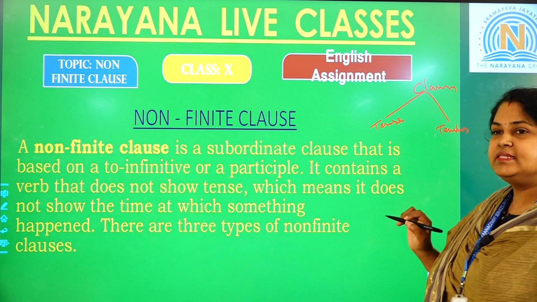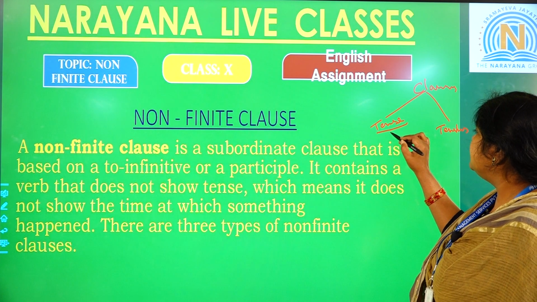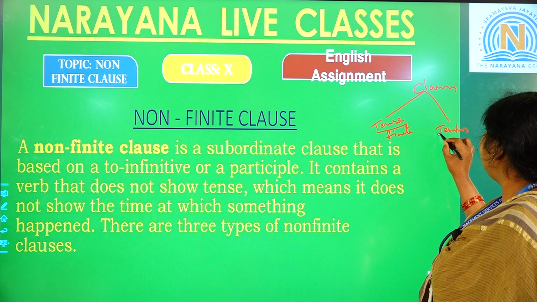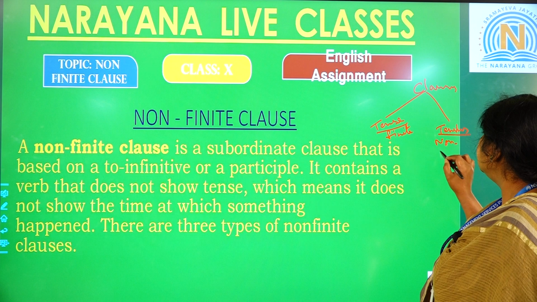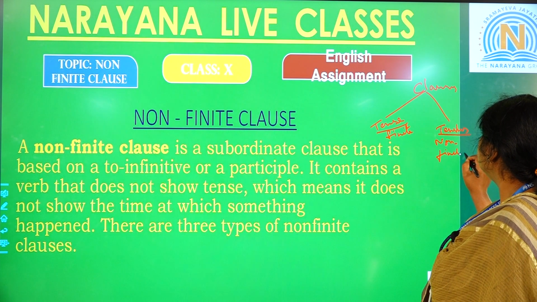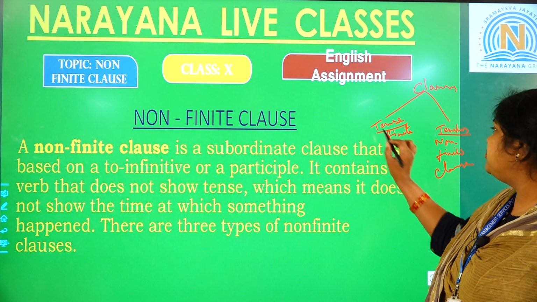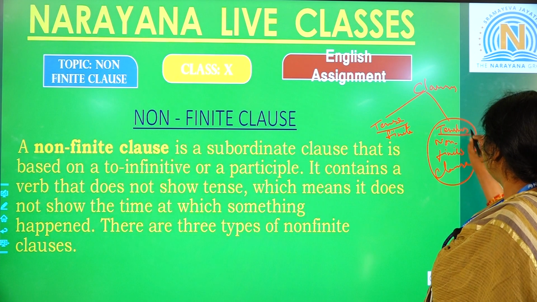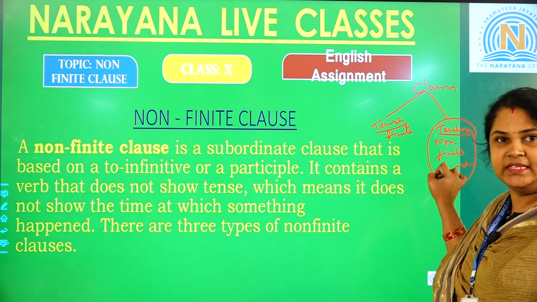Based on the tense, we call it a finite clause, and when it is tenseless, we call it a non-finite clause. So these are the two types, finite and non-finite. But today our topic is non-finite. We will learn more about non-finite clauses in today's session.